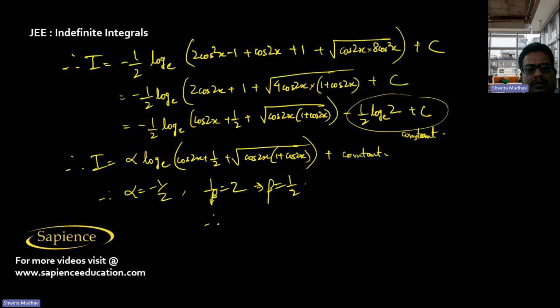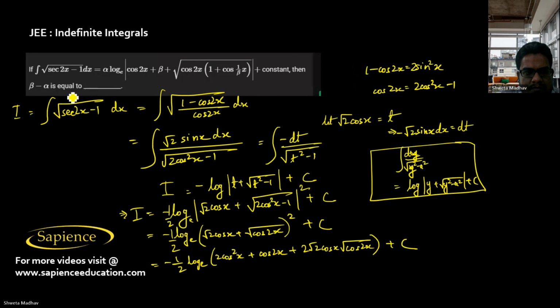Now beta minus alpha, that we have to find: half plus half, which is 1. So 1 is the correct answer.